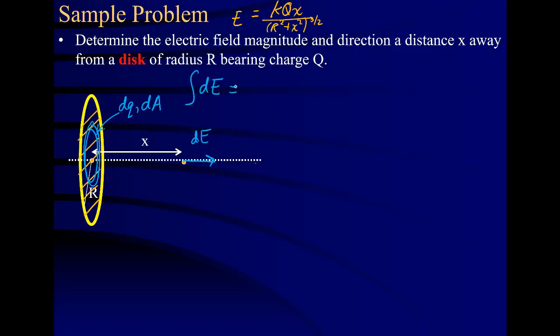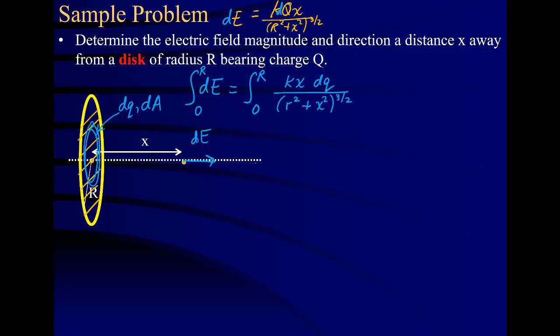And that integral is going to have to go from the center of the ring until little r is equal to big R. Okay? So dE in this case will be the field of a ring, and we're going to have to put a dq in there. So just to write that out, we're going to go from 0 to R of kx dq over, now it's not going to be big R squared, it's going to be little r squared plus x squared to the 3/2.